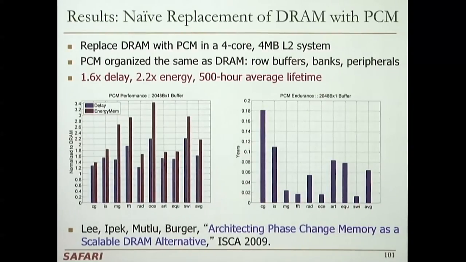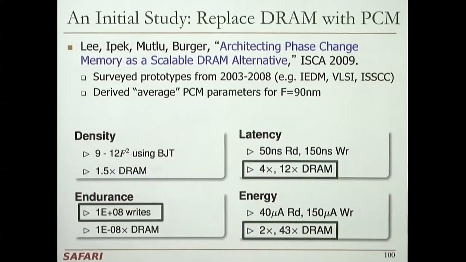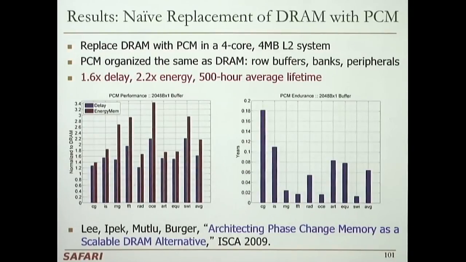You can think of this as taking the current DRAM structure that you know very well after the lectures, replacing every single DRAM cell with a PCM cell with the characteristics that I showed over here, and simulating it. Now, if you simulate this, it turns out with these workloads, you get 60% performance degradation, 120% energy increase, and your memory dies after 500 hours. The lifetime of your memory is not good.